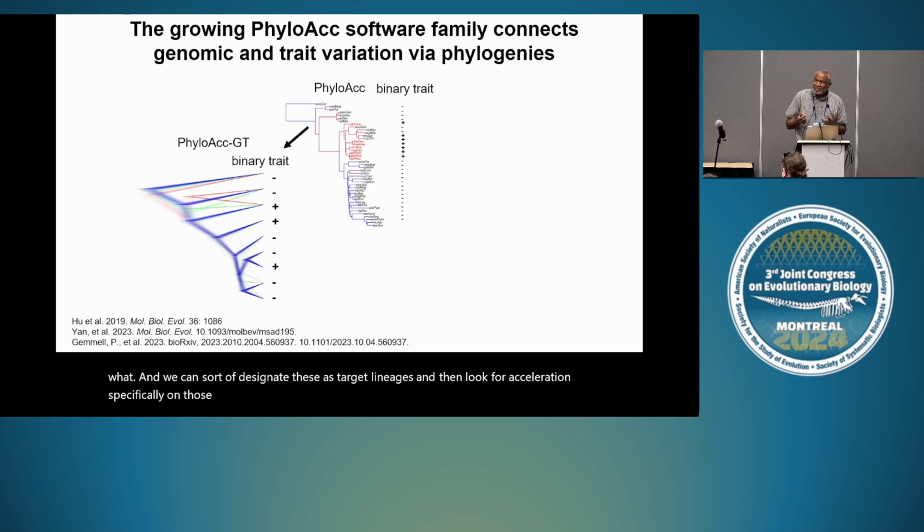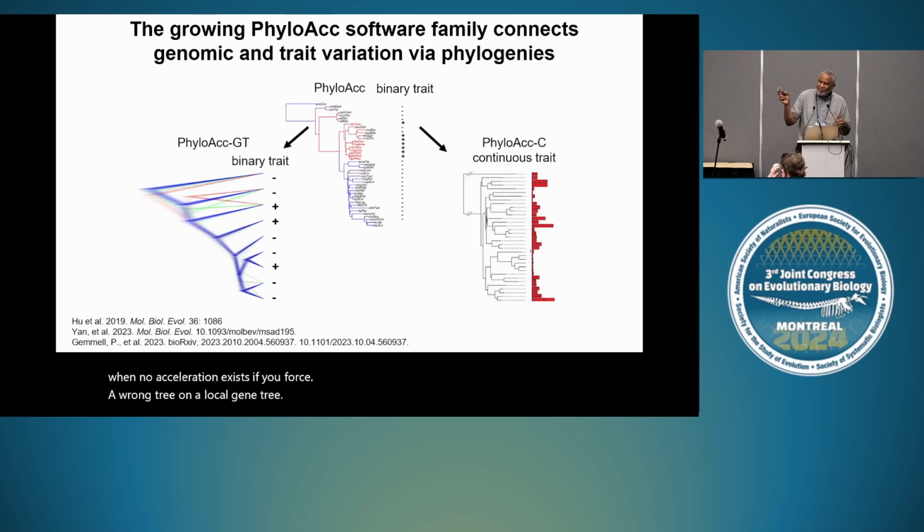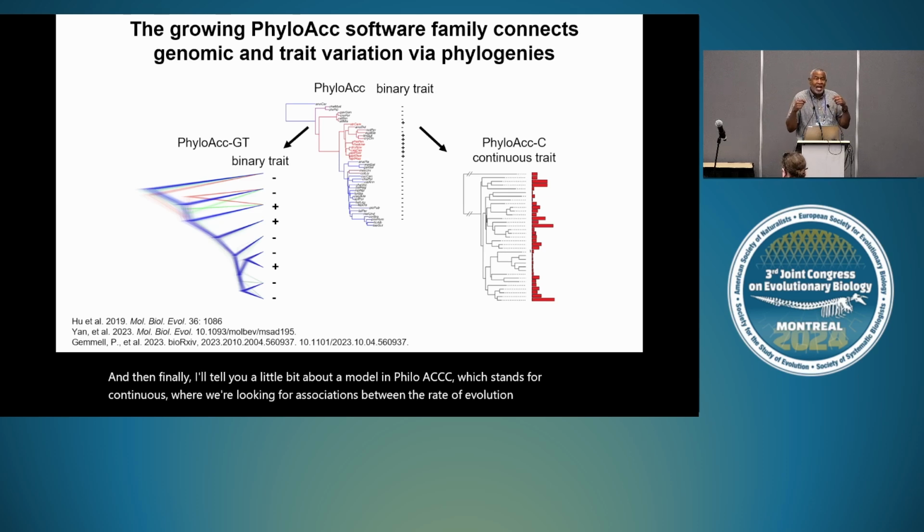We've expanded this to accommodate gene tree heterogeneity, since incomplete lineage sorting and things like that can induce false signals of acceleration when no acceleration exists if you force a wrong tree on a local gene tree. And then finally, I'll tell you a little bit about a model in PhyloACC-C, which stands for continuous, where we're looking for associations between the rate of evolution of genes and evolution of a continuous trait.